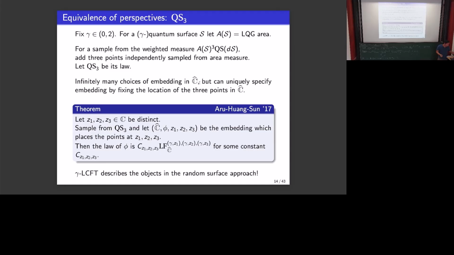So the objects that you care about that are motivated by random planar maps are exactly described by Liouville CFT. Are there any questions about this? A different way of phrasing this is that Liouville CFT can be nicely coupled with SLE. We'll see some examples of this.